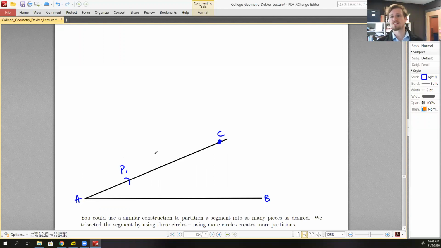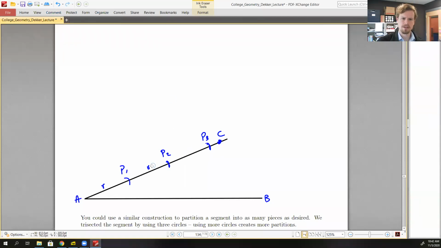Then I construct a circle with the same radius, call this distance R here, and mark its intersection over here. Again, that's a distance of R. I call that P2. And then I find one more intersection point from a circle centered at P2 with radius R to give me P3. So all of those segments are of equal length.